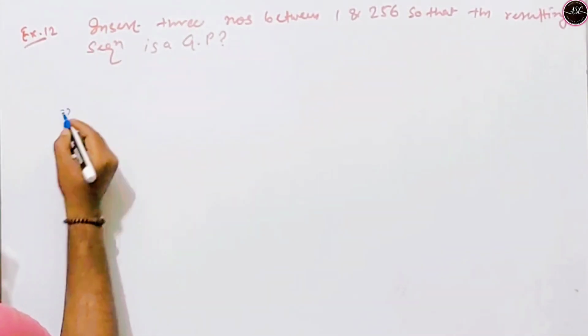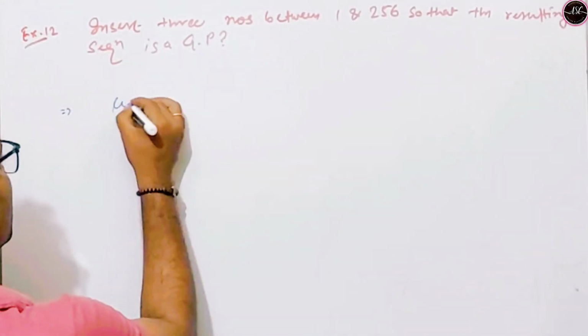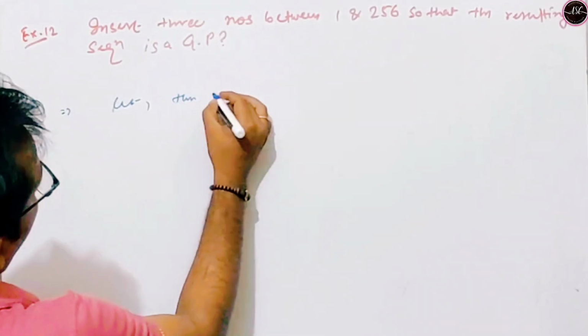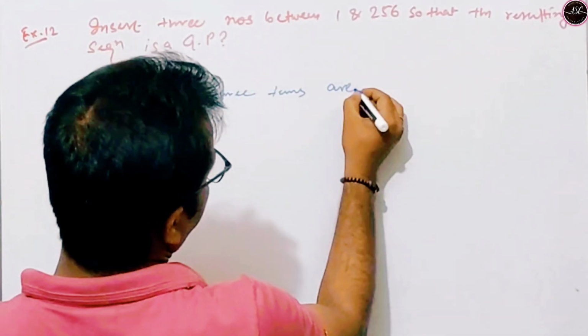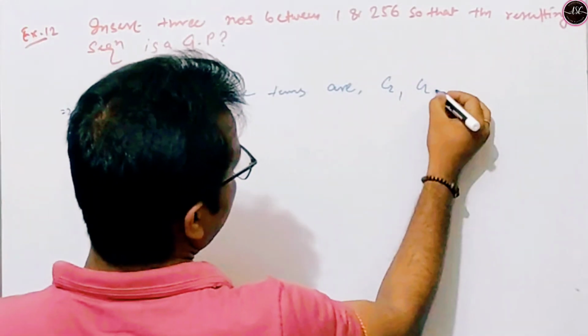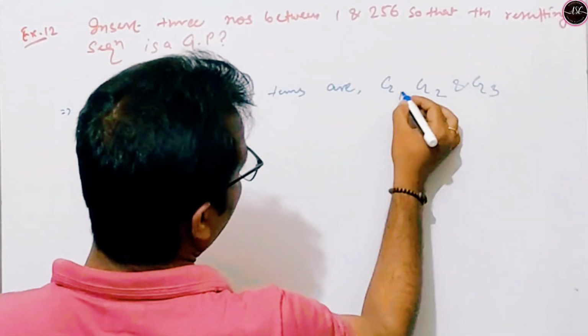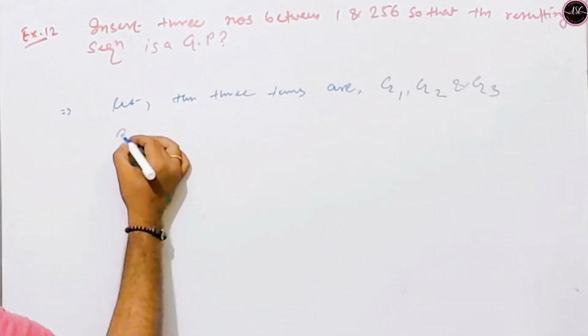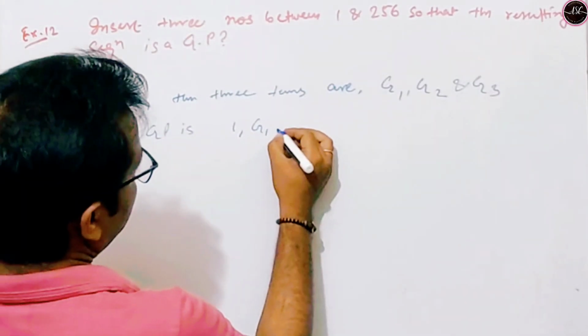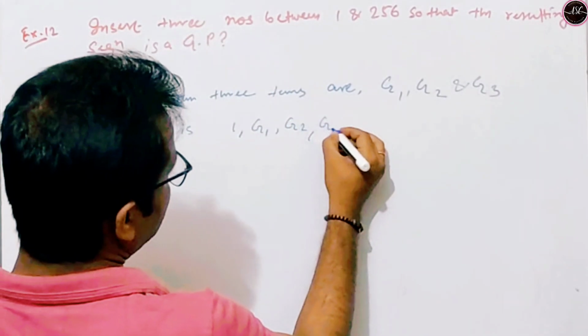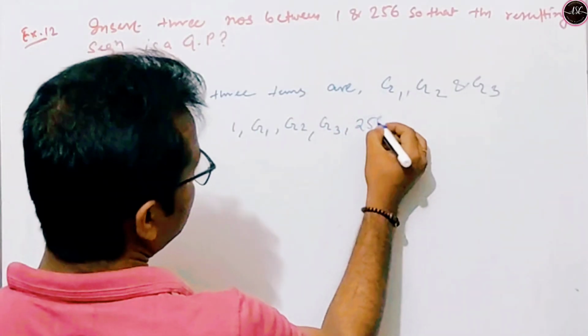So let the 3 terms be G1, G2 and G3. Okay, so the GP is 1, G1, G2, G3, 256.